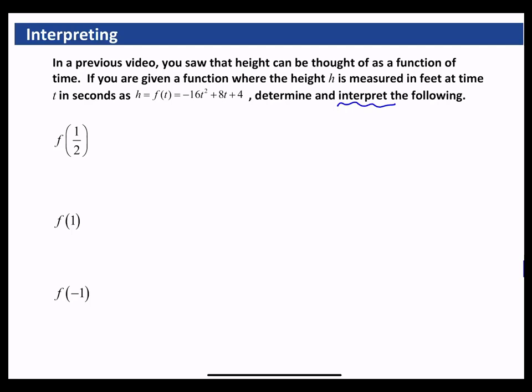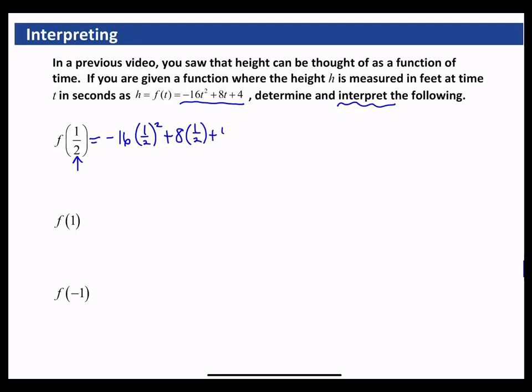Okay, so f of a half. Because this half is inside the parentheses, that's our input value. Whenever we see a t in our function, we replace it with a half. So negative 16 times a half squared plus 8 times a half plus 4. That gives us negative 4 plus 4 plus 4, which gives us 4.